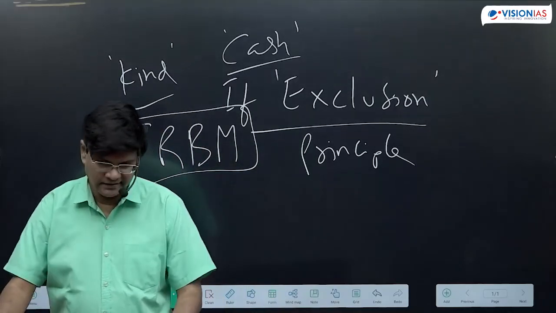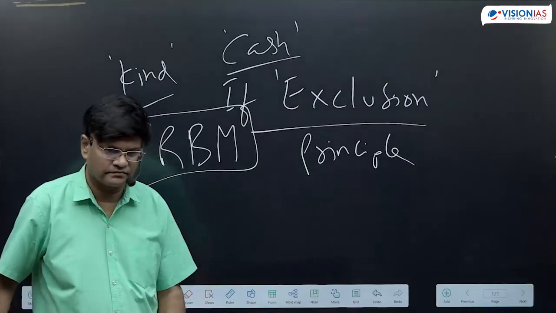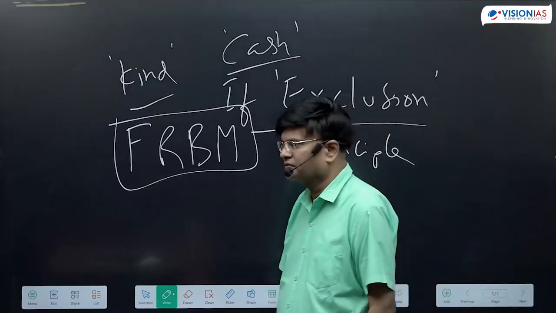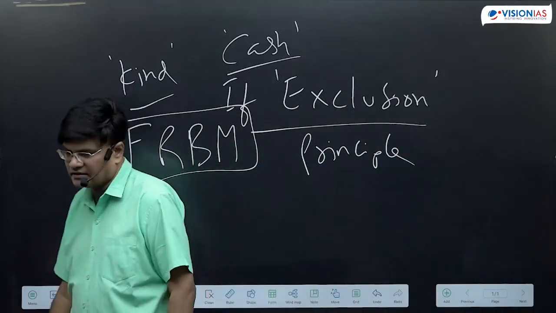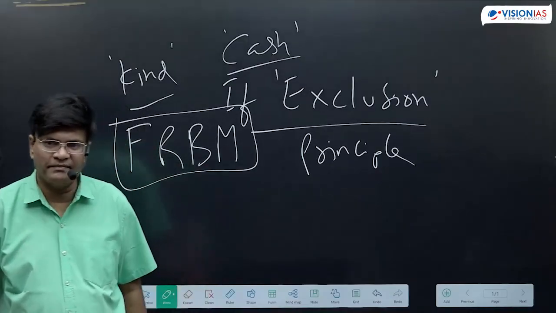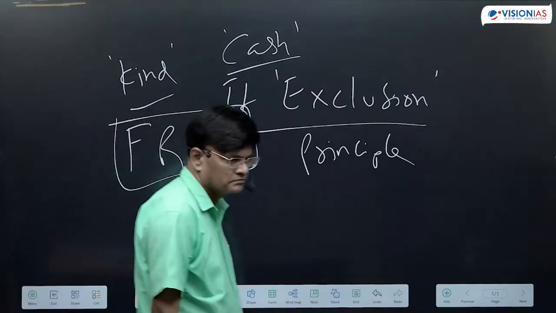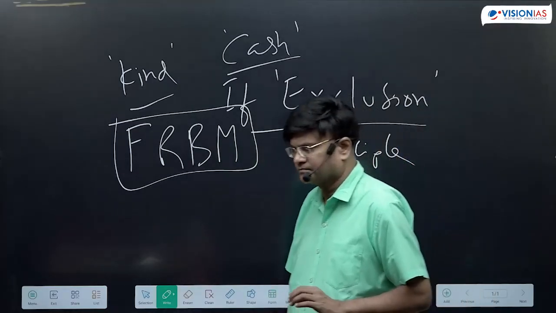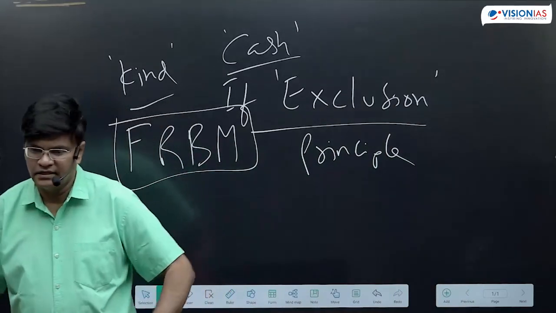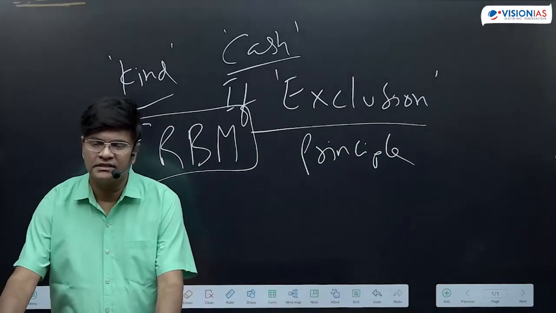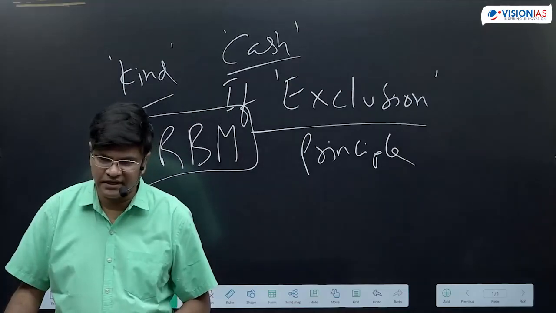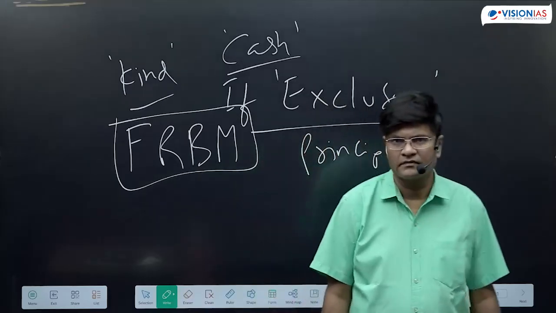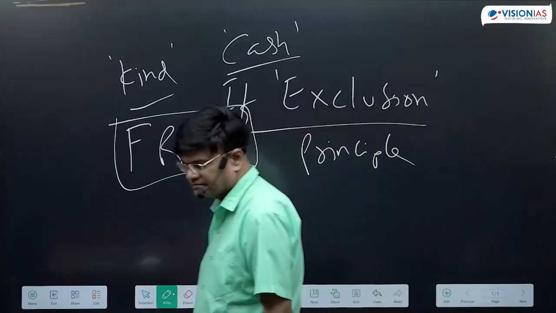What are they? First, it should be made mandatory for the state governments to spend at least 6% of their GDP on education.